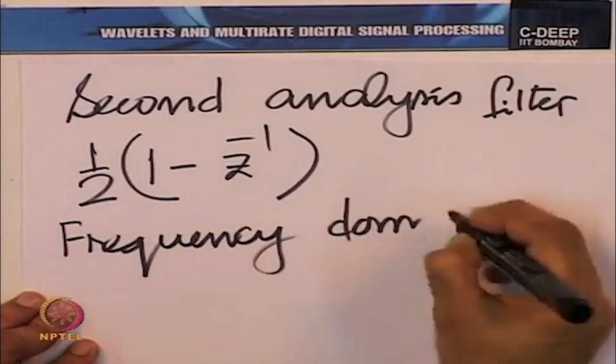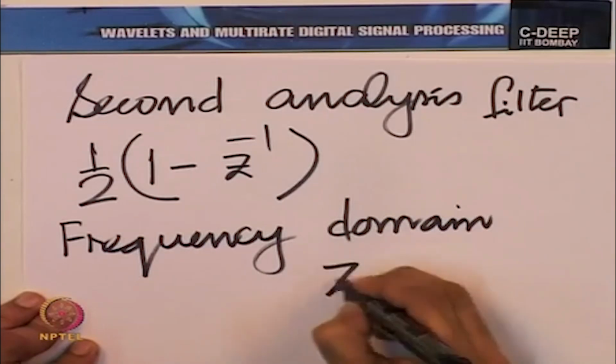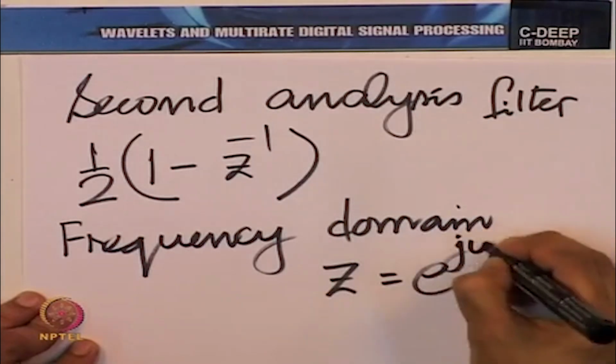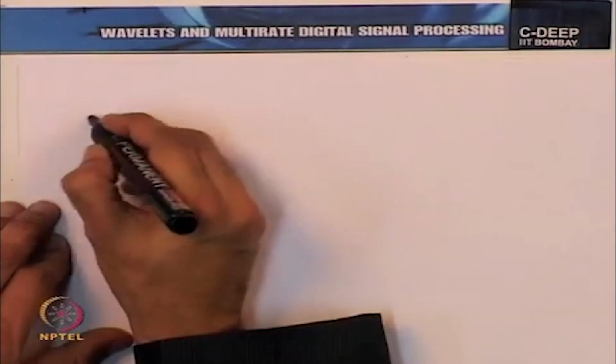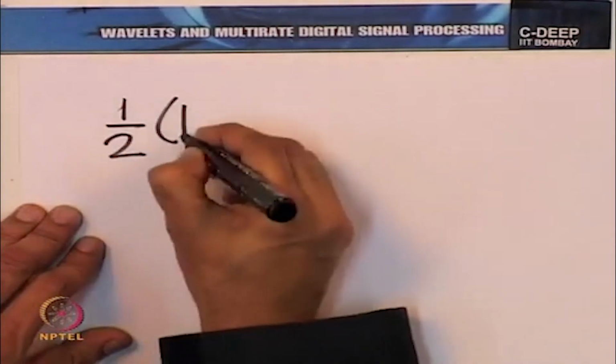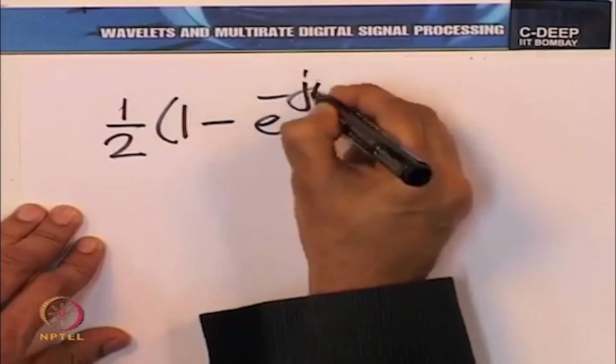So, the frequency domain would show it as Z equal to e raised to power j omega, whereupon we have 1 minus e raised to power minus j omega by 2, and we play the same trick.